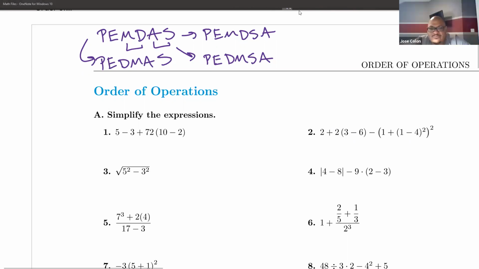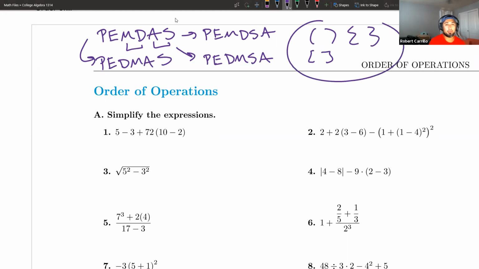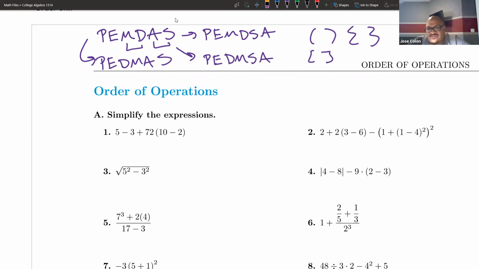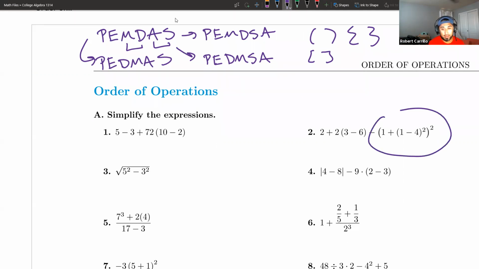And Professor, I've seen order of operation problems where they have different styles of brackets. So you have parentheses, braces, and brackets. Yes. These are all in the family of parentheses. Good question. What if you had multiple versions of that? Does one go before the other? Yeah, then you work the innermost parentheses, as you see on this example right here.